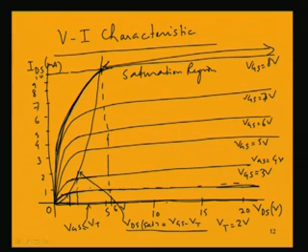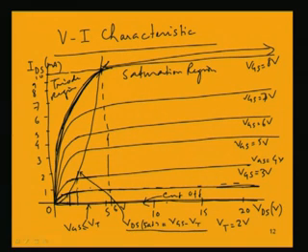So, this is the cut off. Below VGS equal to 2 volt, it is cut off, and this region is called the triode region, where the current rises almost linearly. This is the triode region.